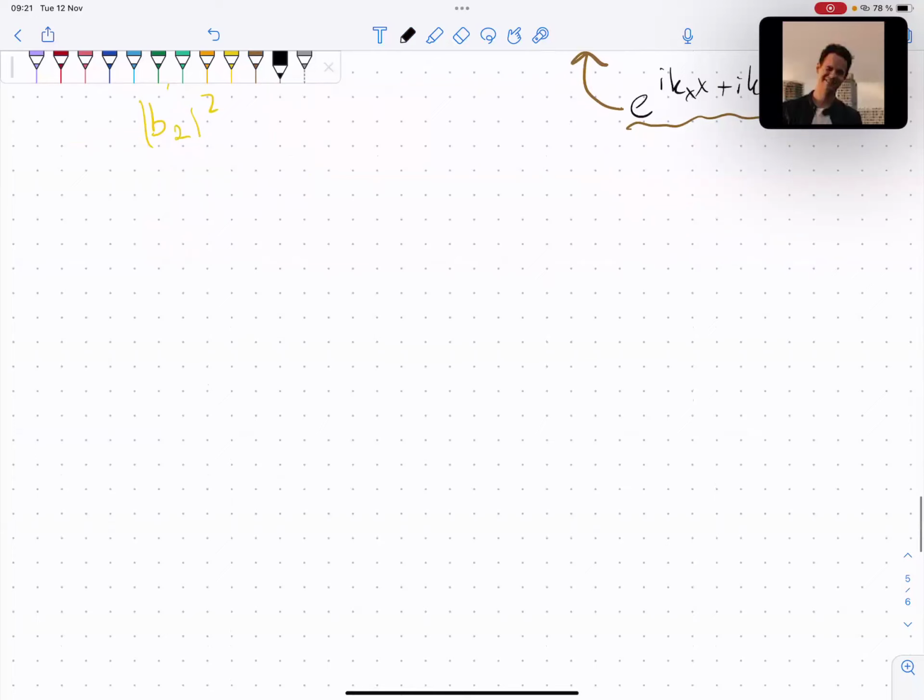Yes. In a general case, for example, our incident field is some very strange function, some Gaussian beam or something like this.